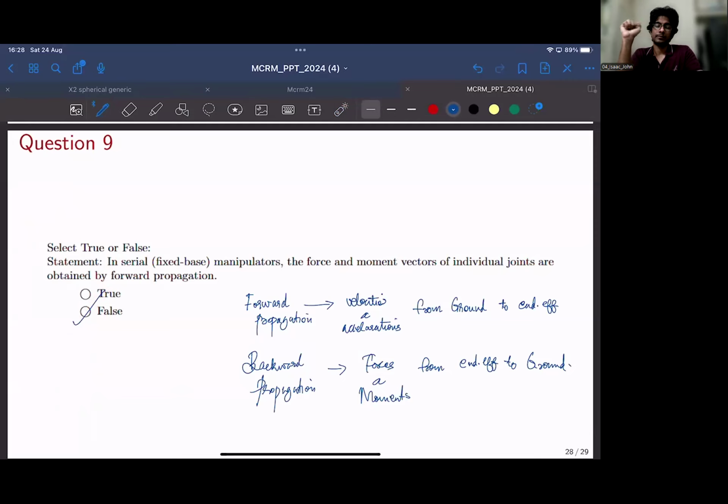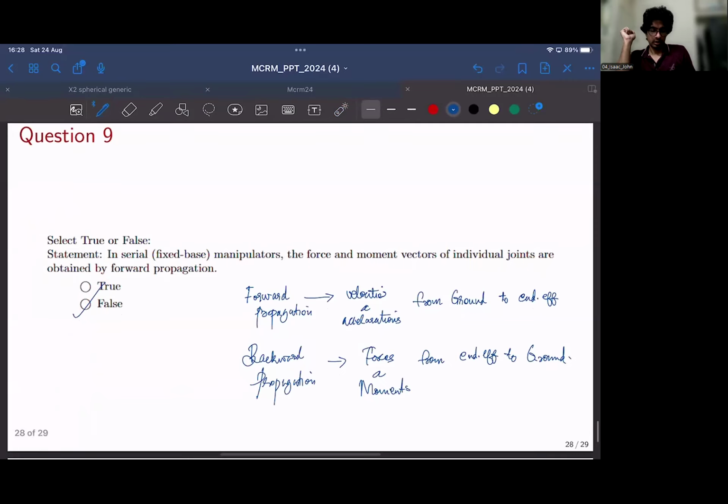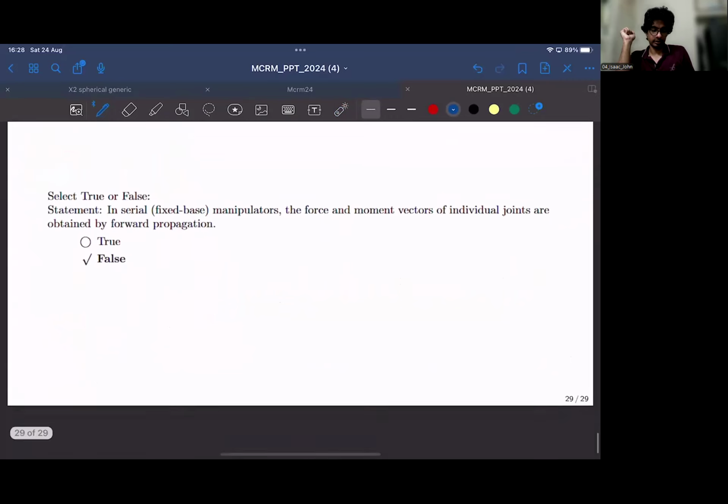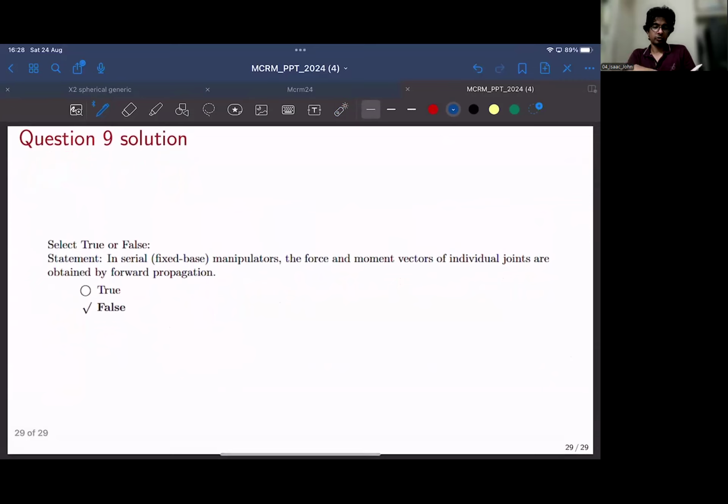Yeah. So checking the answer, that is indeed the correct answer. I think we have covered all the possible types of questions that you can expect for your tutorial. You can expect different combinations of problems, maybe some different numerical problems, but make sure that you are thorough with the propagation equations of velocities and forces.